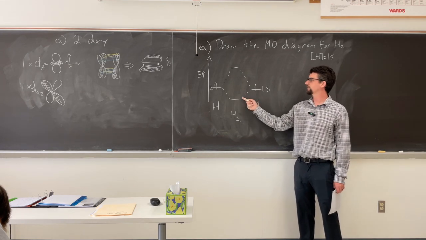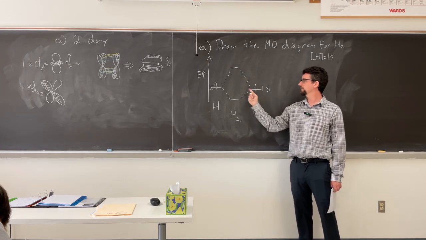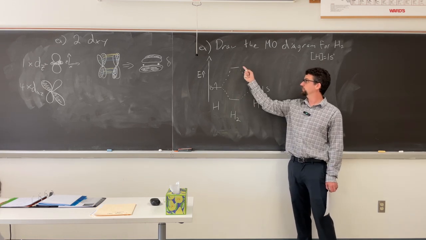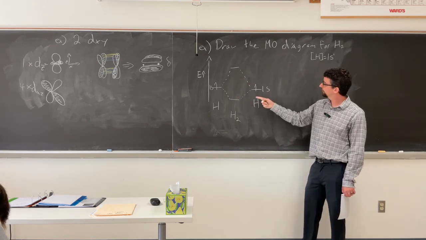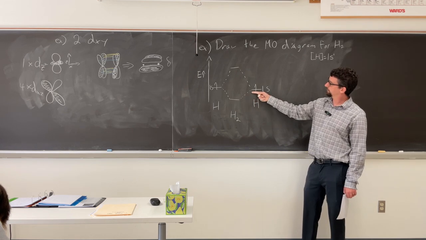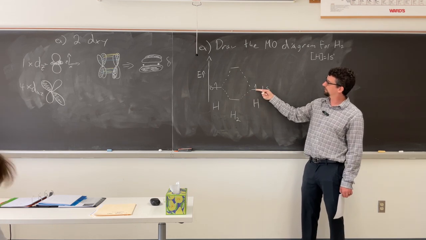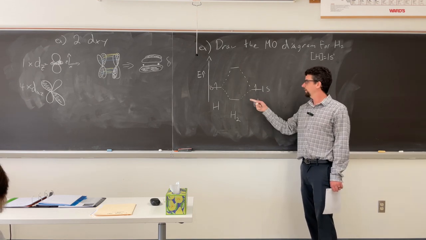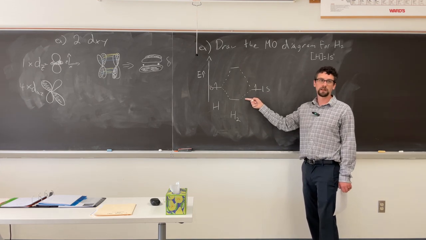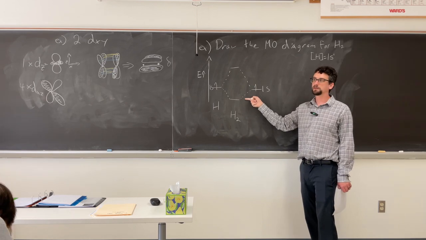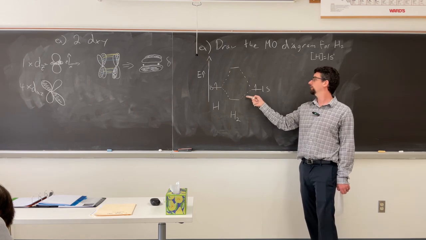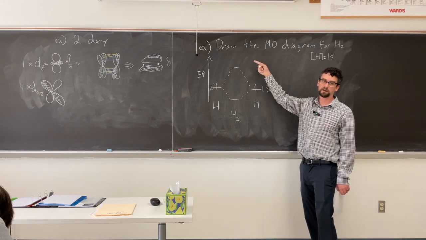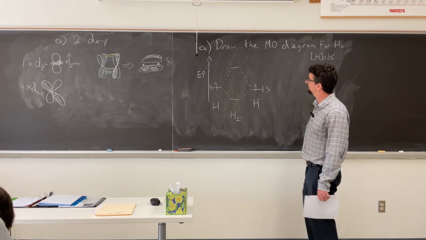I'm showing dashes here to indicate that these AOs have contributions to these new MOs. What do you notice about the distance between this lower energy one compared to the AOs and this one? This one's closer. Yep. That is correct. A lot of textbooks will draw it where this is not higher in energy, which is not good.